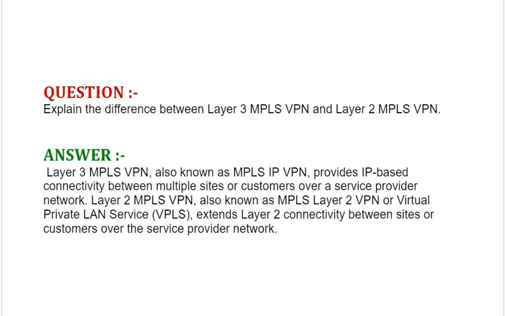Layer 2 MPLS VPN, also known as MPLS Layer 2 VPN or Virtual Private LAN Service (VPLS), extends Layer 2 connectivity between sites or customers over the service provider network.